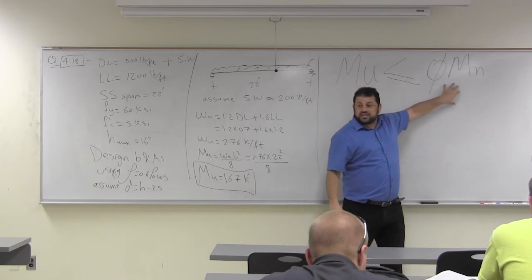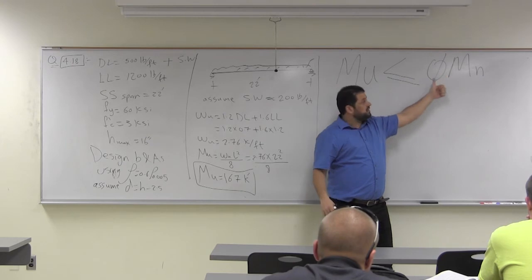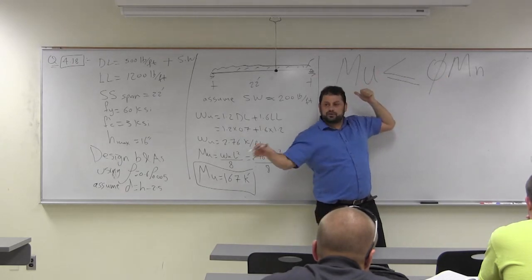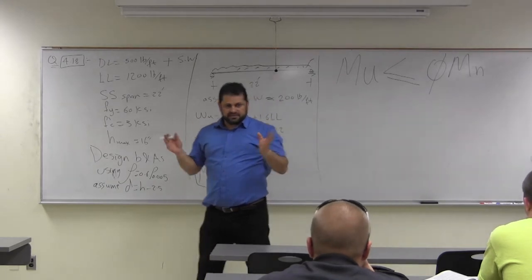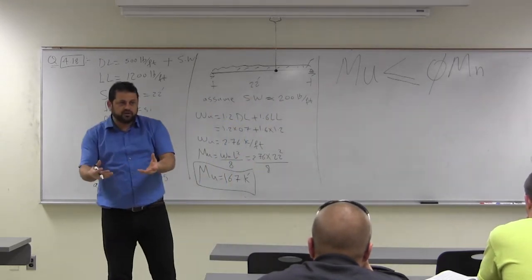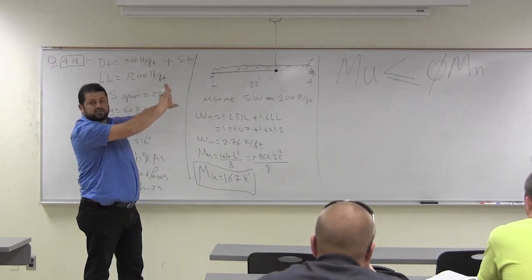This is how much the cross-section will give you based on the ACI code. This is how much the loads will put in your section. The section must be stronger, must give you more than what it will be exposed to. That's the philosophy of the design.